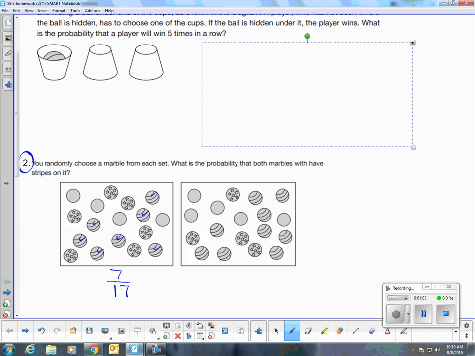The probability of getting a strike from the second set would be 9 out of 18. The probability of having both of those occur is the product of those two.